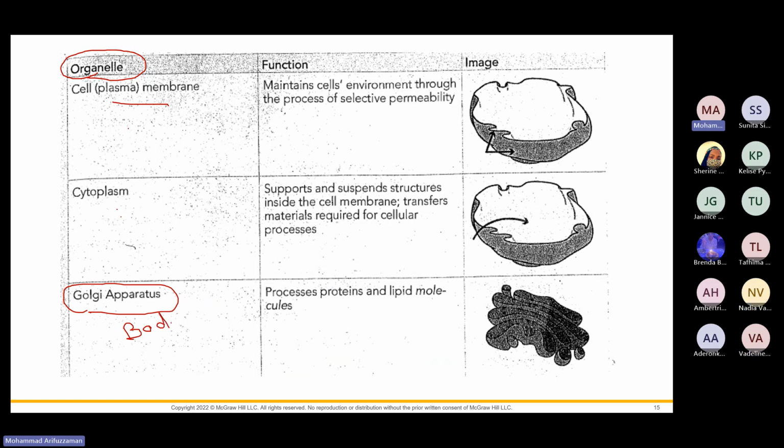So in the exam, Golgi apparatus or Golgi body, both are the same. The Golgi apparatus processes the proteins and lipid molecules and also helps in, can you remember the other function? Packaging the materials. Yes. So this is the Golgi apparatus.